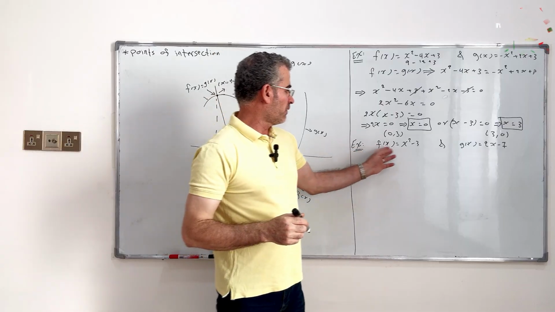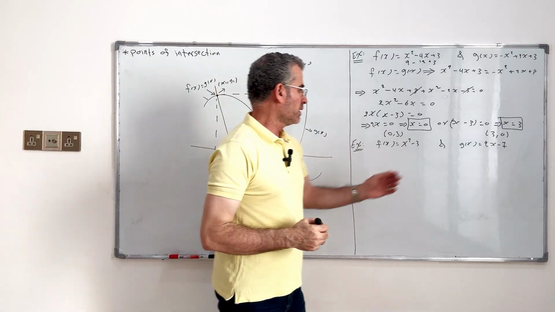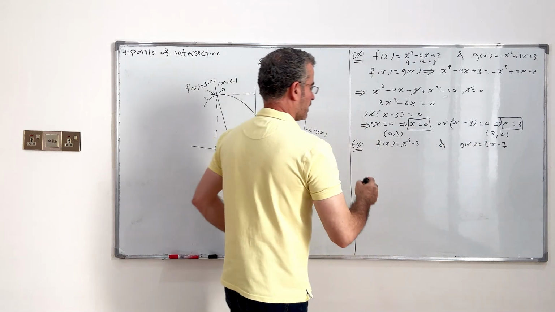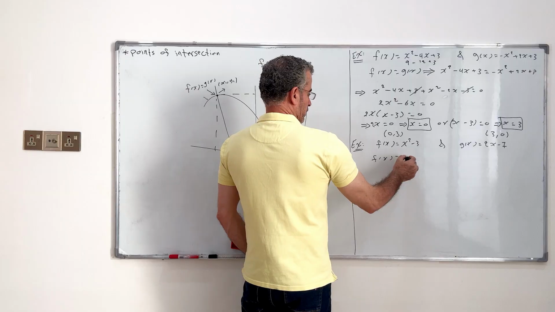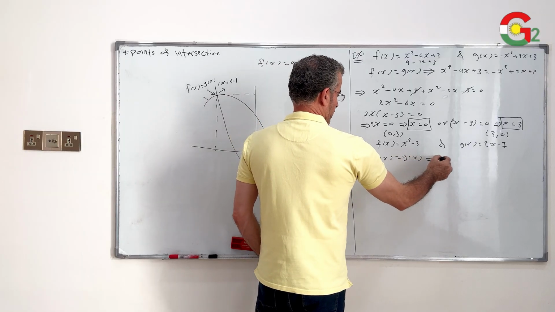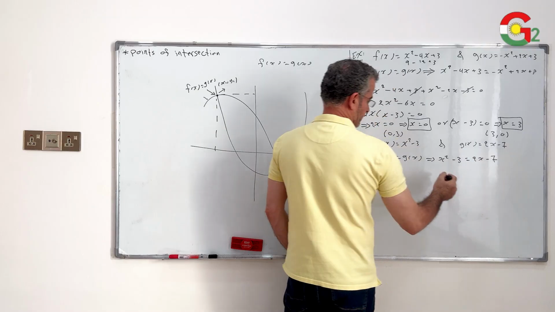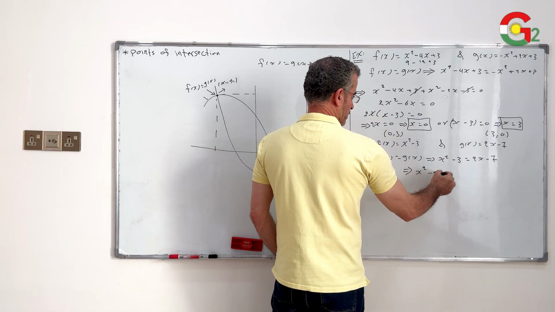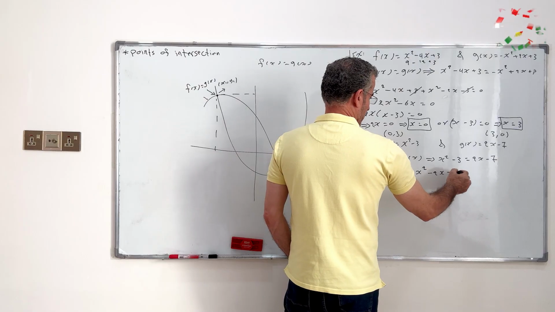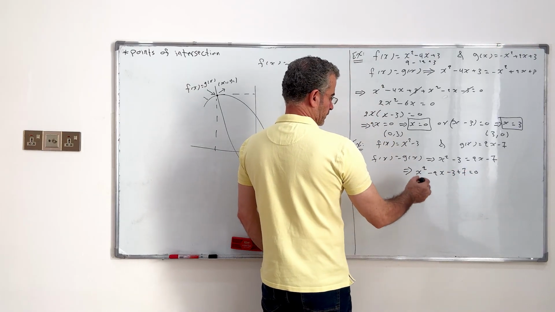Another example, f of x is x power 2 minus 3, g of x is 2x minus 7. Set f of x equal to g of x. Then x power 2 minus 3 equals 2x minus 7. It will be x power 2 minus 2x minus 3 plus 7 equals 0.